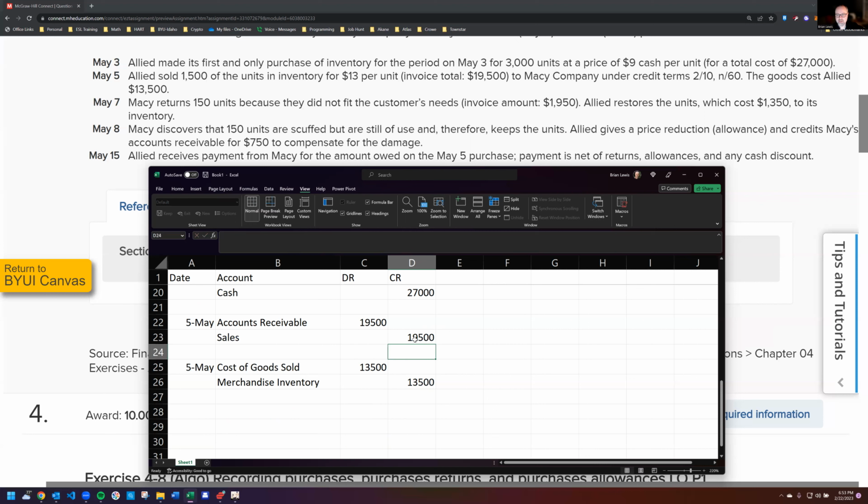So no matter what, you should be able to back it in by quantity times price, quantity times cost per unit. Now the next one, Macy returns 150 units back to Allied. So Allied has to take that back, so they have to reverse their sale and their cost of merchandise.